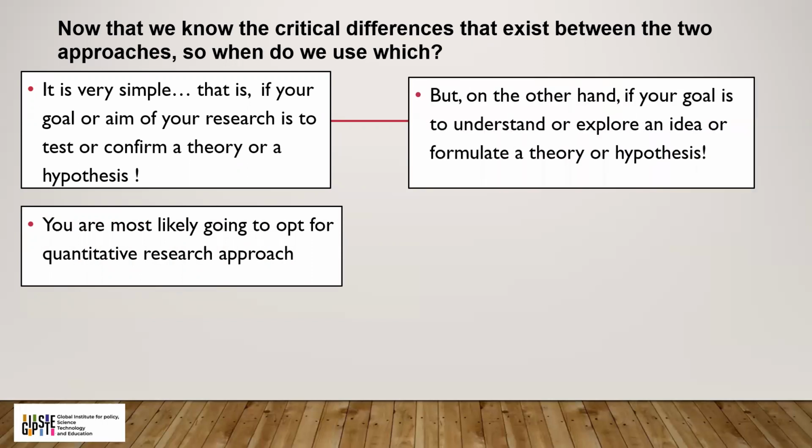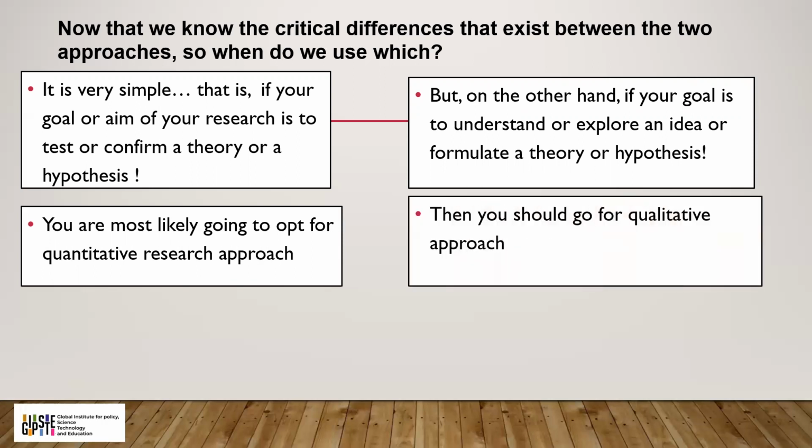However, on the other hand, if your goal is to understand or explore an idea or formulate a theory or hypothesis, then you should go for a qualitative research approach.